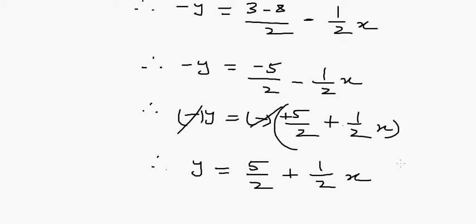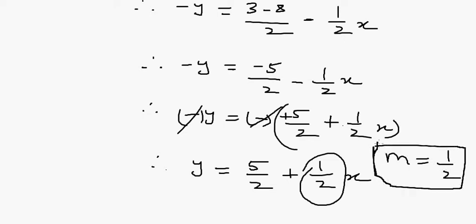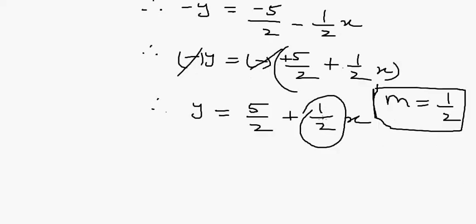Now, the reason I wrote half x instead of x by 2 is I wanted to remind you guys that our slope was equal to half. We had been given that m is half, right? So here, the term multiplied by x is half. You can replace this half with m.